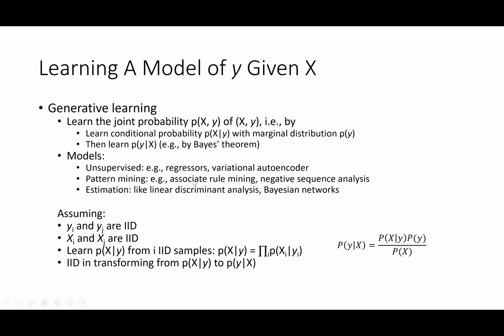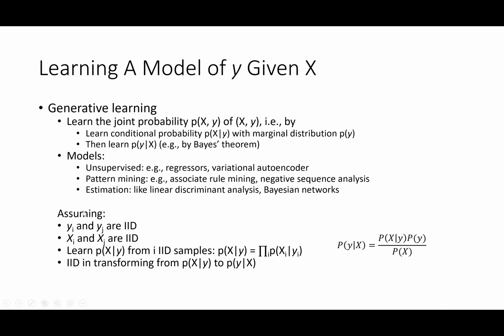And this general idea applies to unsupervised learning, traditional pattern mining, like negative sequence analysis, for example, and a lot of mathematical estimation approaches like LDA or Bayesian networks, right? So if you work on probabilistic graphical models, you will see you have a very common approach. I will introduce statistical learning where you can see this generative learning process.